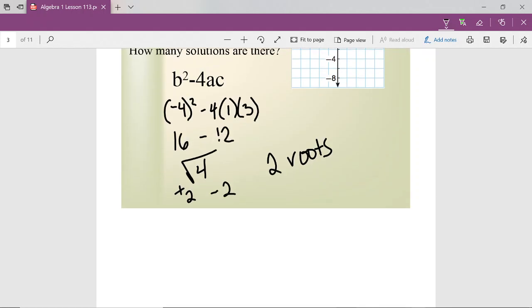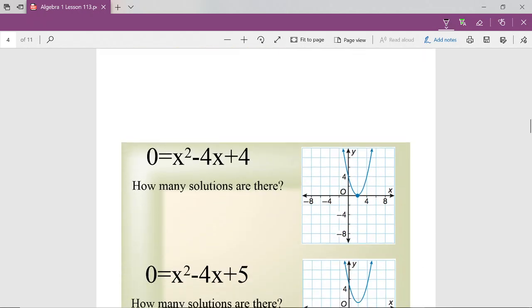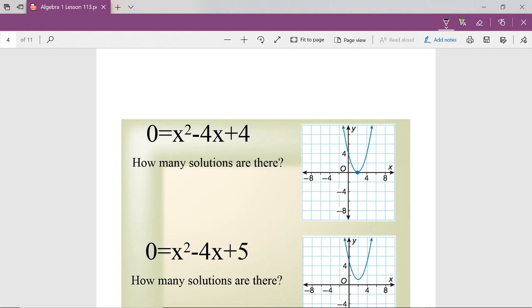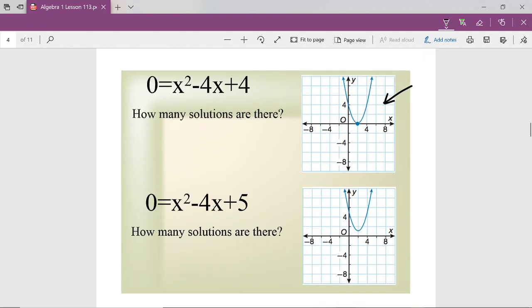And of course, go back to that lesson about the quadratic formula if you're not quite remembering what I'm talking about with that plus or minus. All right, let's see if we can determine if this graph really does show us the truth or not. So b squared minus 4ac, let's plug it in. In this case, we have a negative 4 squared as our b, minus 4 times 1 times c, which is 4.